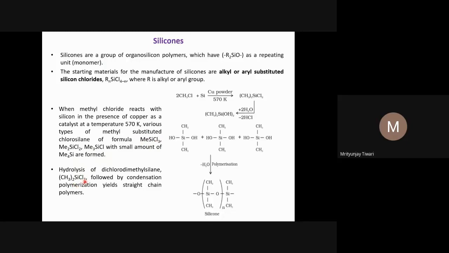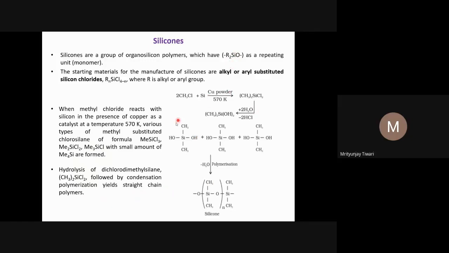The Cl2 group will be replaced with two OH groups, and when followed by condensation, polymerization happens, which yields a straight-chain polymer. It is a straight chain because of the R and R groups, joining at these two groups is not possible, so branching is not there. We see only straight-chain polymers.